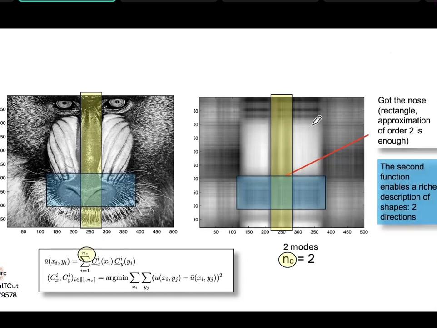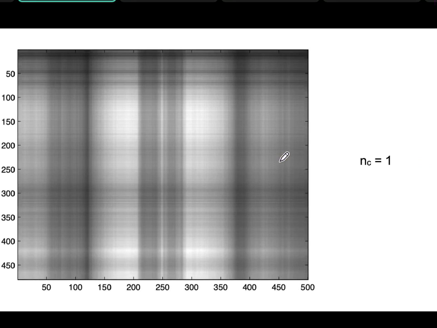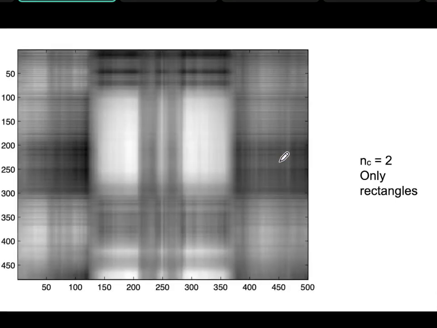Now, if you add a second mode, the second function now enables you to see a lot more. Why? Because you have now here the possibility to see the intersection between this rectangle and the previous rectangle, which gets you closer to having a representation looking like the nose of this monkey. So NC equals 1, NC equals 2.